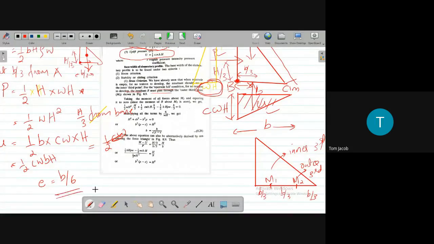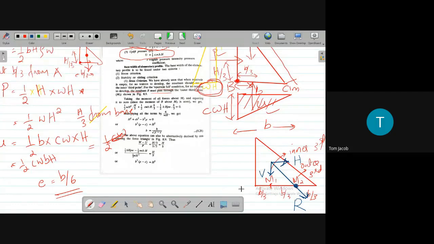And for the reservoir full condition, for no tension to develop, the resultant R must pass through point M2. That is the condition. Here we have the total vertical forces, the total horizontal forces, and this is the resultant R that must pass through point M2.